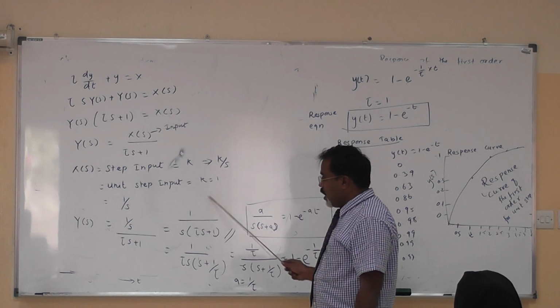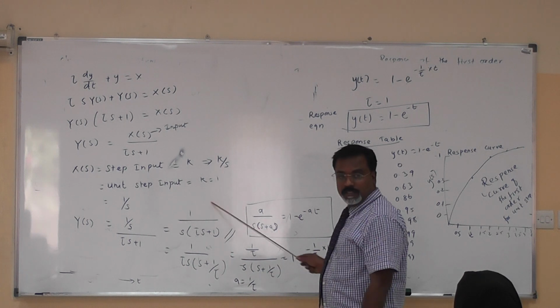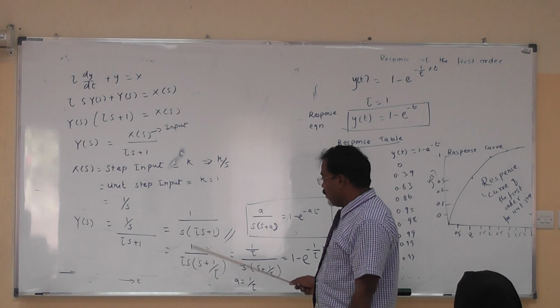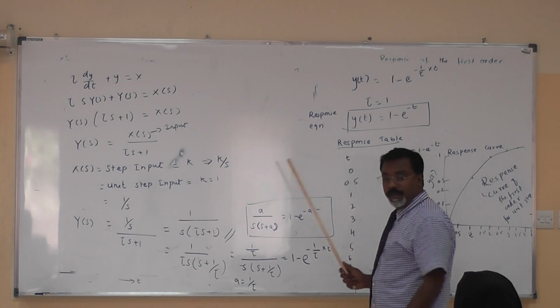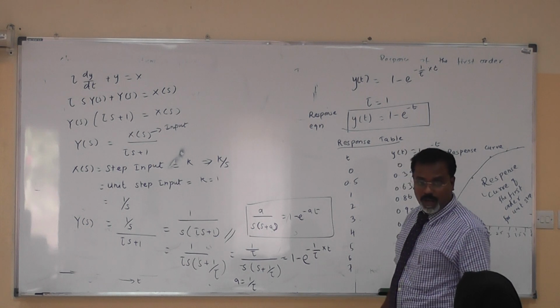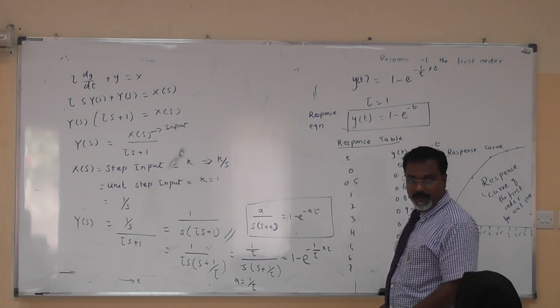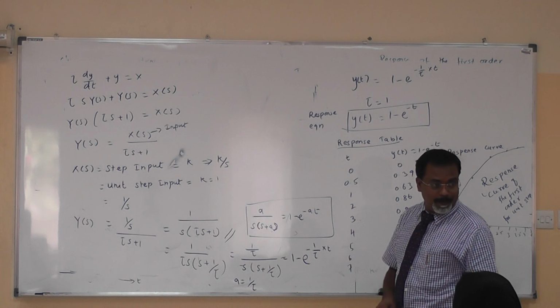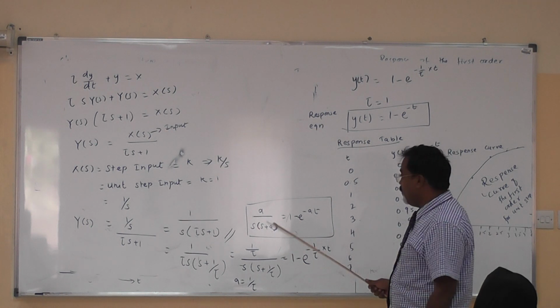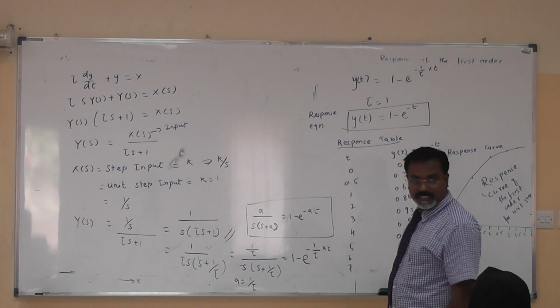And then you do some mathematical manipulation, and bring it to the form a by s into s plus a, because we have this formula in Laplace transform. When converting from Laplace to inverse Laplace, 1 minus e power minus at will come.